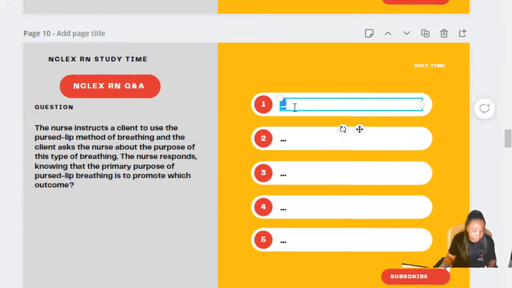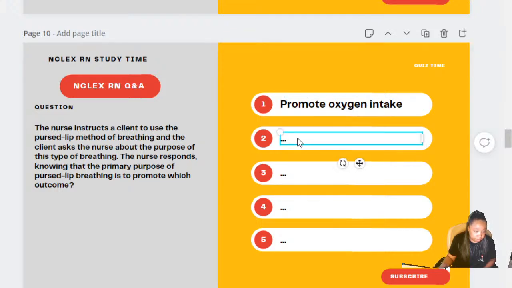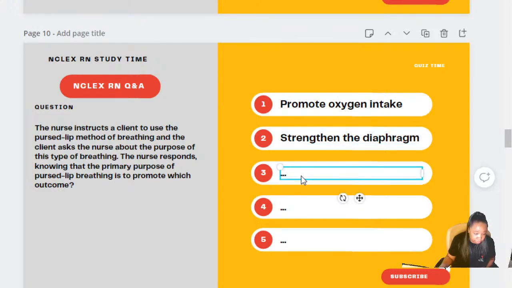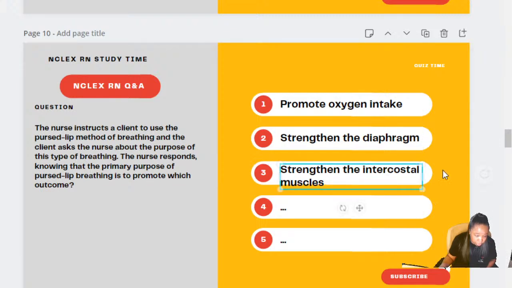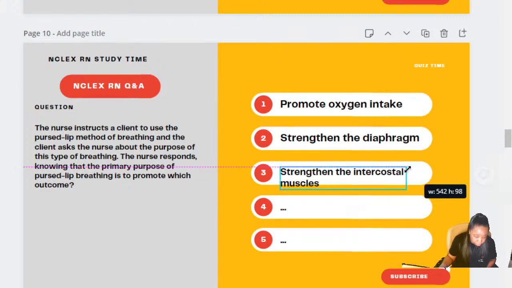The first one says to promote oxygen intake. The second one says to strengthen the diaphragm, to make the diaphragm strong. The third one says to strengthen the intercostal muscle, to make the intercostal muscle stronger.